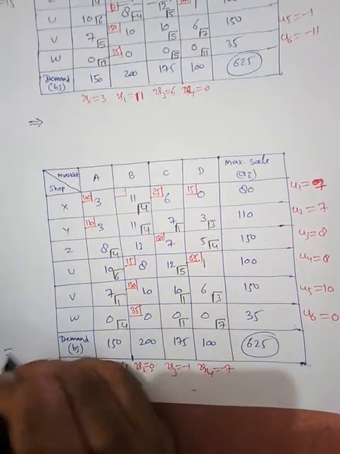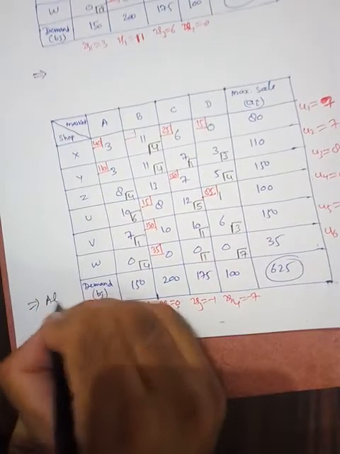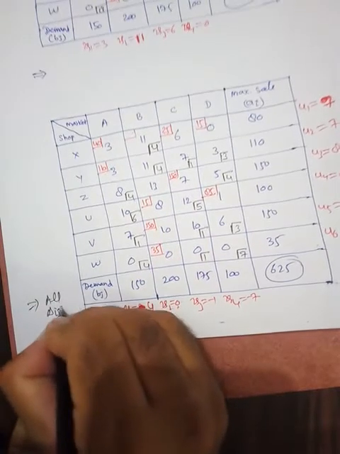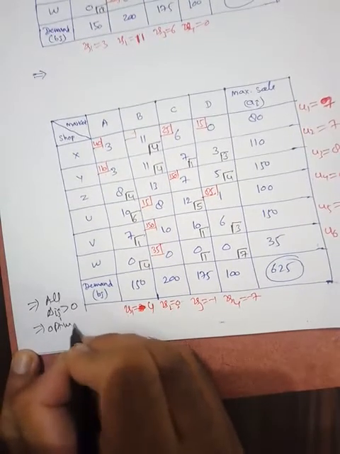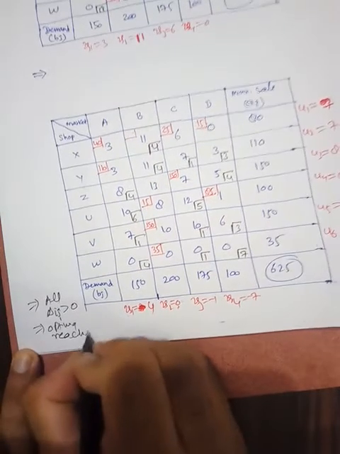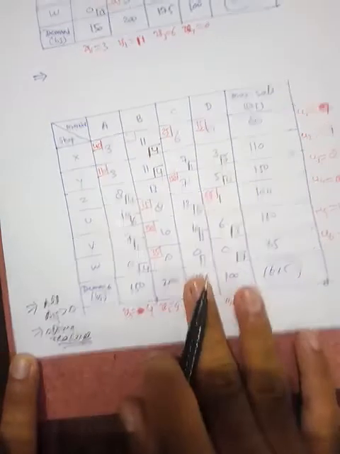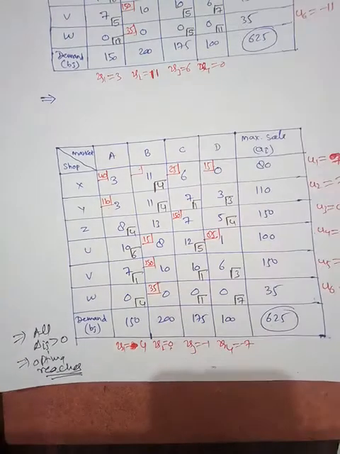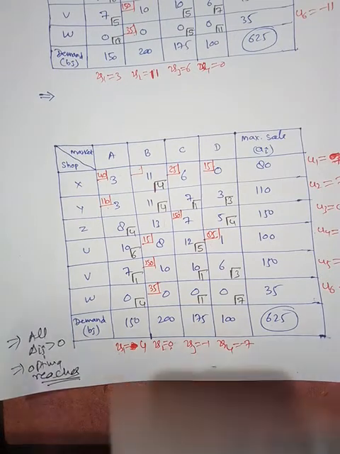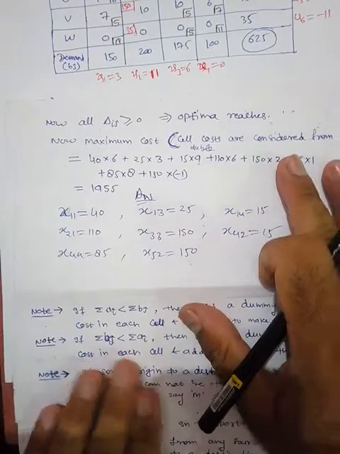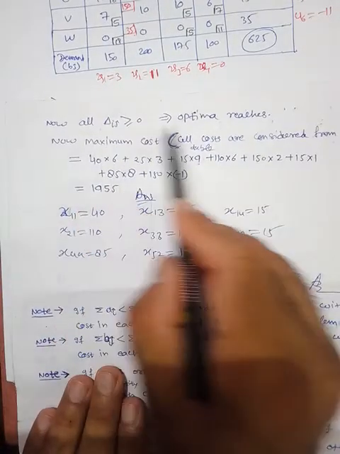And that's why we can say that all delta ij is now greater than 0. So optimum is reached. Fine. So now the optimum solution is given here.